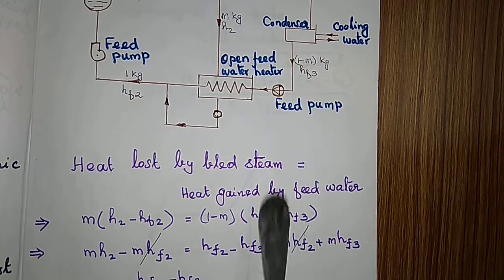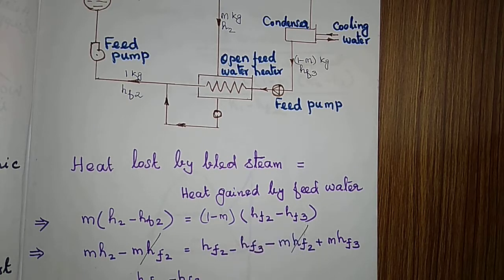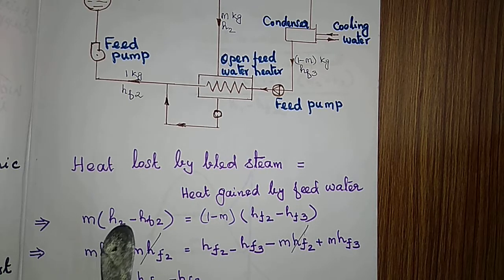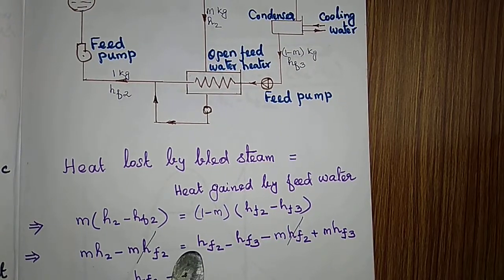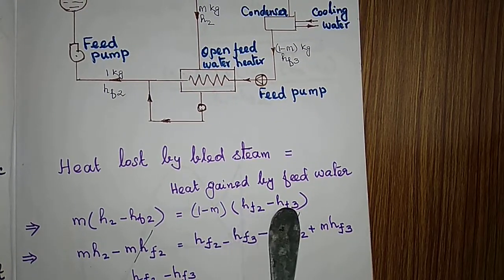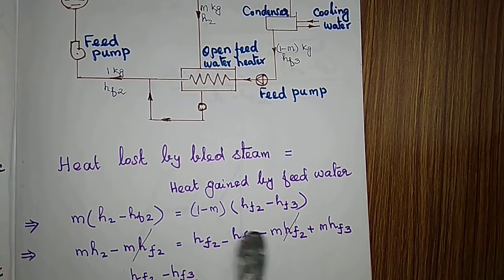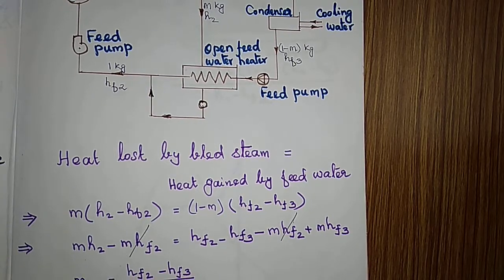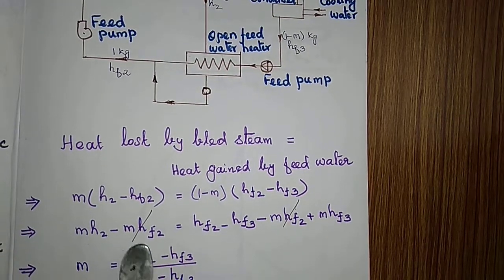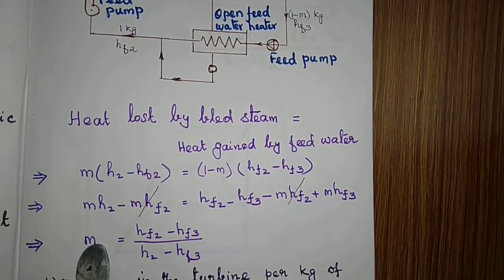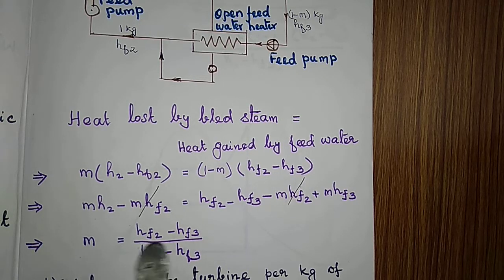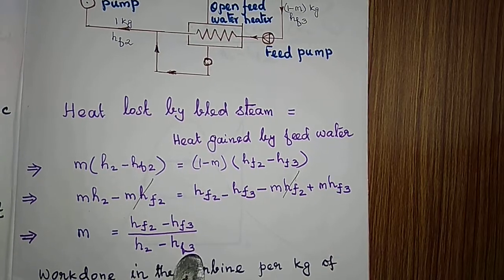HF2 minus HF3. That is mH2 minus mHF2, which is equal to HF2 minus HF3 minus mHF2 plus mHF3. If you simplify this, what do you get? m is equal to (HF2 minus HF3) divided by (H2 minus HF3).